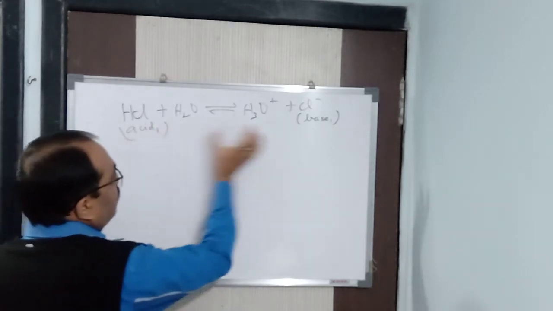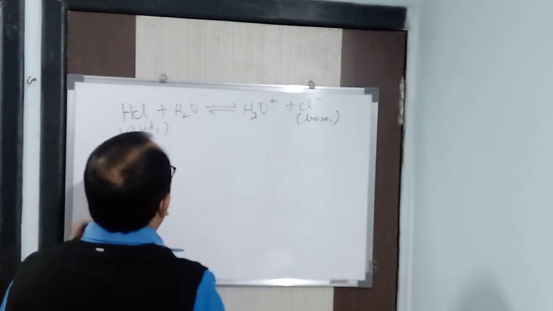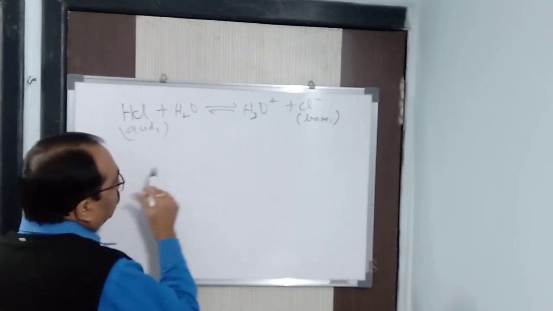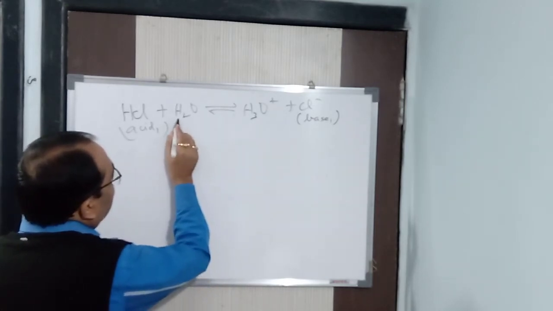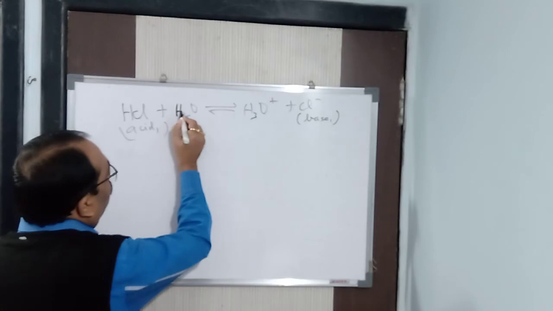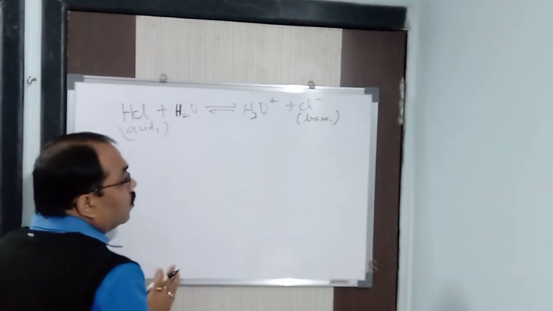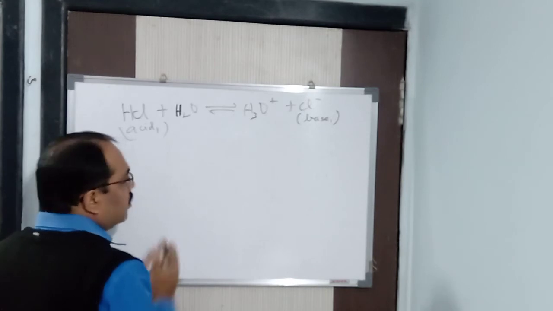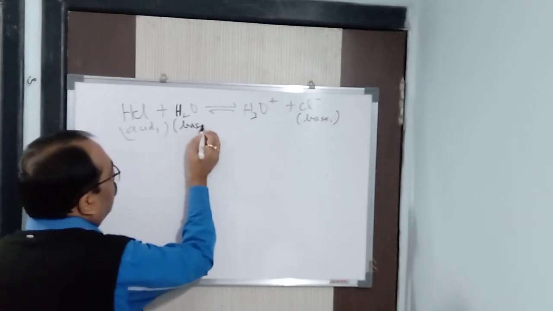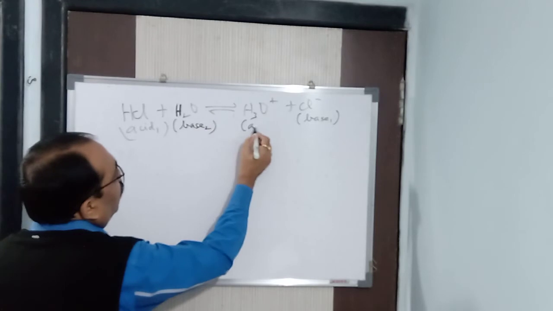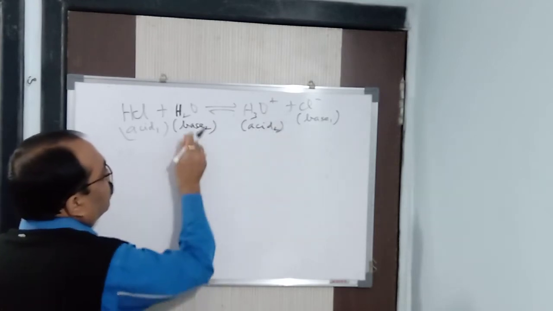This is the conjugate acid, this is the conjugate base. Now, next, this H2O gains an H plus ion to form H3O plus. So, a base is a proton acceptor. So hence this is base 2, and this is your acid 2.